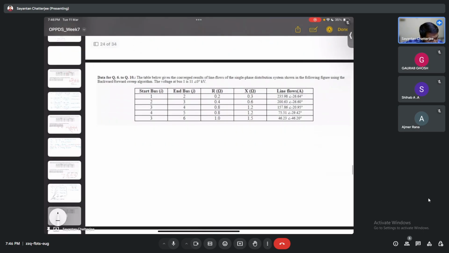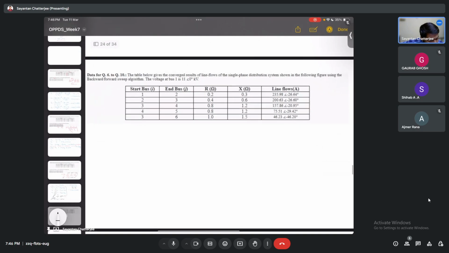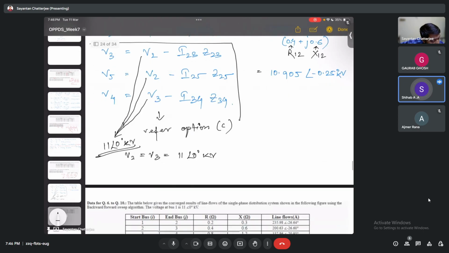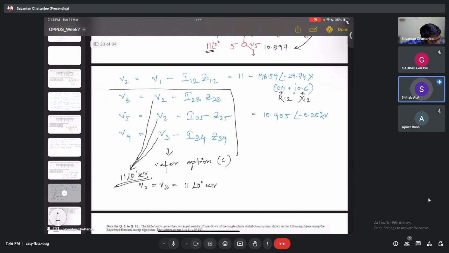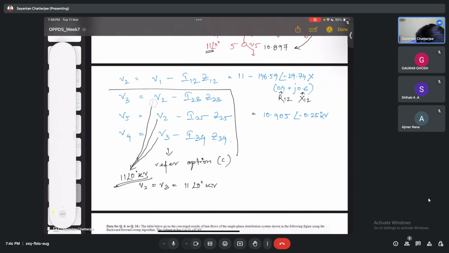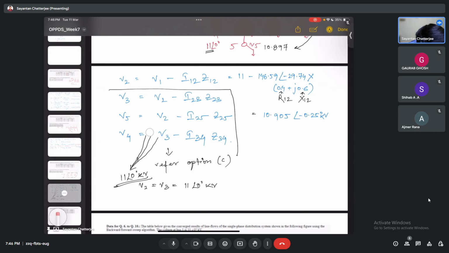So moving on to this question, just see. That means V2, V3 first time 11 angle 0. Sorry, that we need to ensure, na? Already we have calculated V2. Yes, while going downstream, sorry, my mistake. V2 is 10.905.